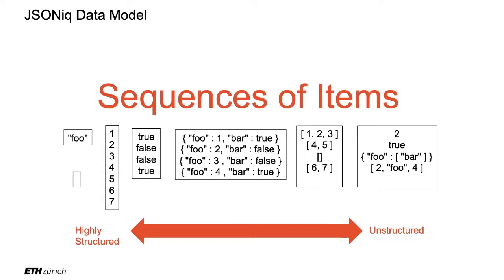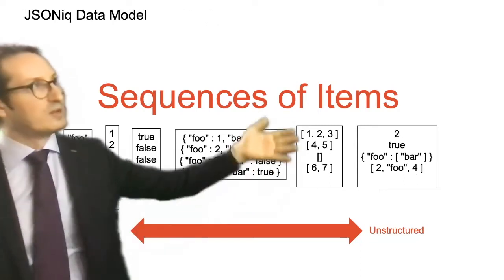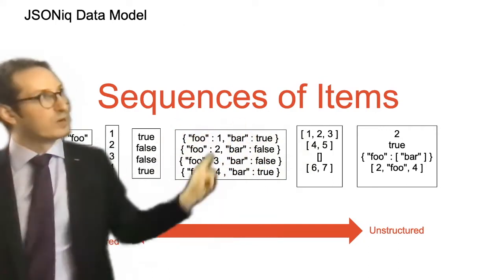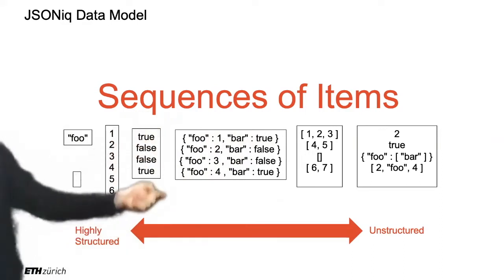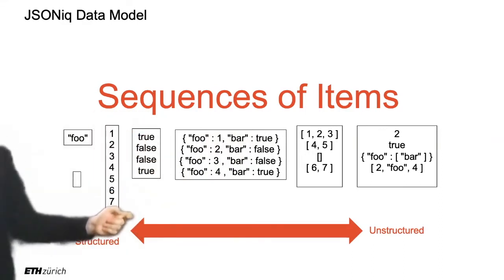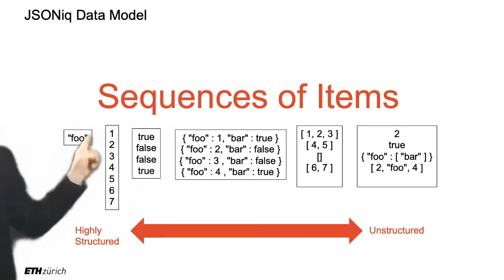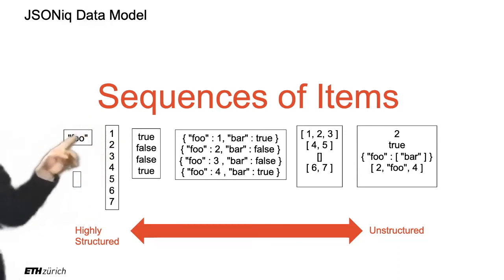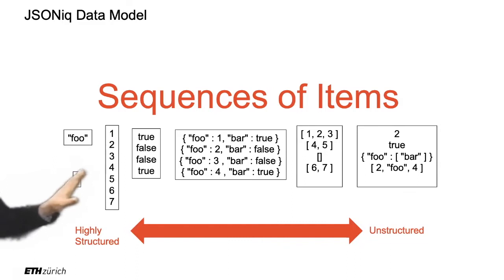What's very important to understand: everything is a sequence of items, but there are plenty of ways you can have sequences of items. You can have the messy sequences of items that are just sequences of anything. So you can have in the same sequence an integer, then a Boolean, then an object, then an array. This is just a huge mess. And then you can have more structured sequences of items. You can have sequences of arrays. You can have sequences of objects. That would actually be a relational table. That's where you probably recognize the pattern. You can also have sequences of atomic values, sequences of Booleans, sequences of integers. The special case of a single item, which is very common as well, is of course more efficient, as we will see: a single string in that case, or the empty sequence.